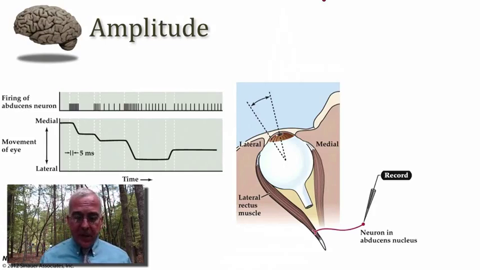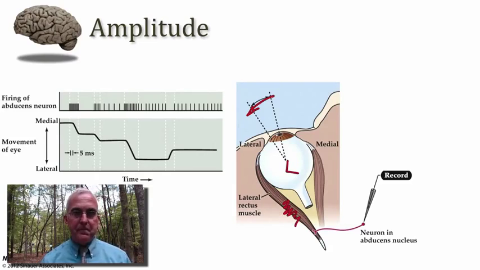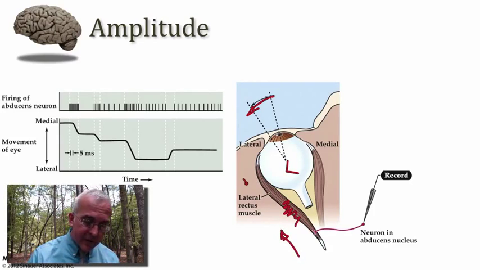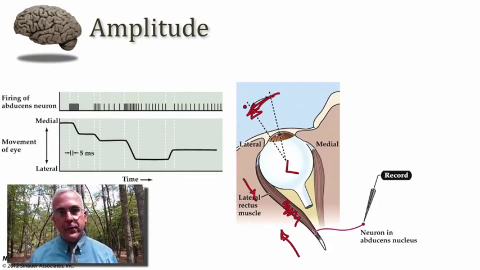So imagine that we want to shift our eye position from, let's say, more or less straight in front of us, off to the left. Well, for the left eye, that's going to require activation of our lateral rectus muscle. So the lateral rectus muscle is going to contract, and that's going to allow the eye to rotate towards the left, or to abduct.